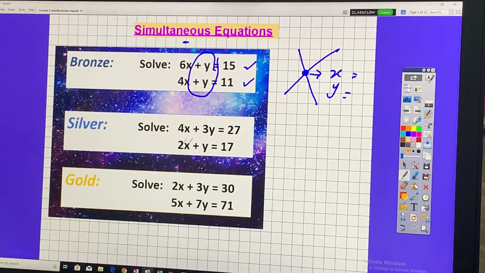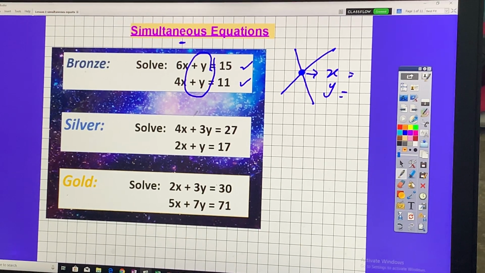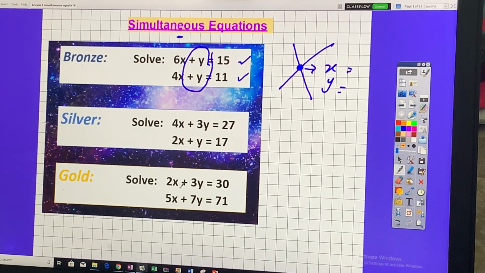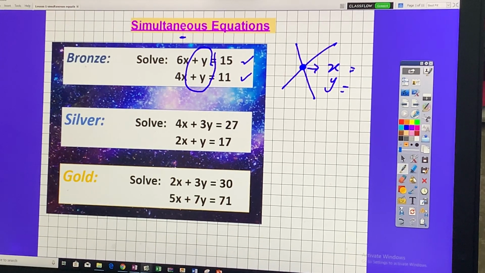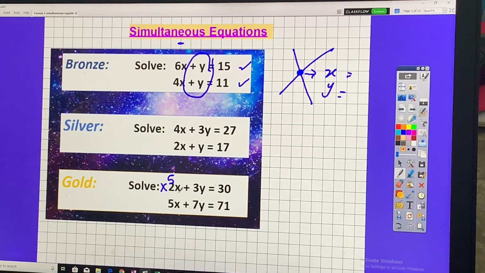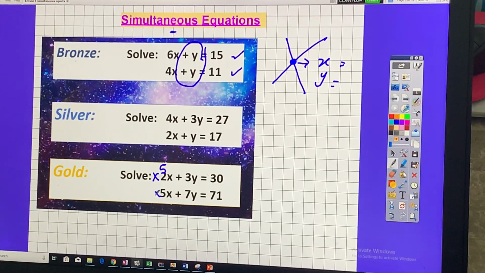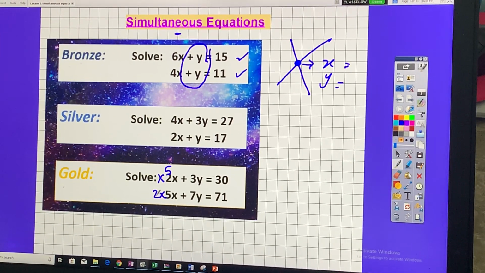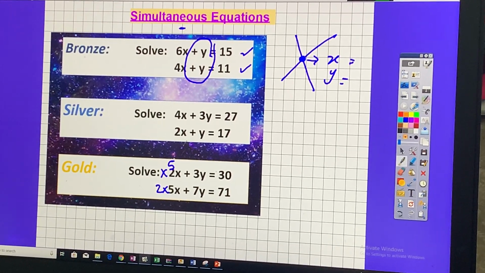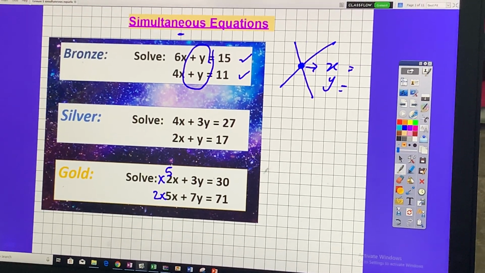This equation is essentially a product of the first equation, okay? And the gold one, if I want the x's to be the same, I'll have to times this by 5, because 5 times 2 gives 10, and I'll have to times this whole equation by 2, because 2 times 5 gives me 10, to get one value which is the same. So that's the difference between the difficulty.